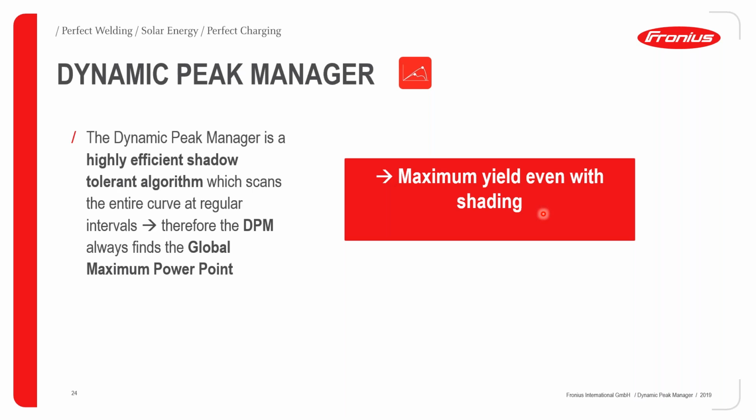And when you look at your inverter, you can see this kind of symbol at the top here, and this tells you that this inverter has the dynamic peak manager integrated. This is actually a standard feature in all FRONIUS inverters.